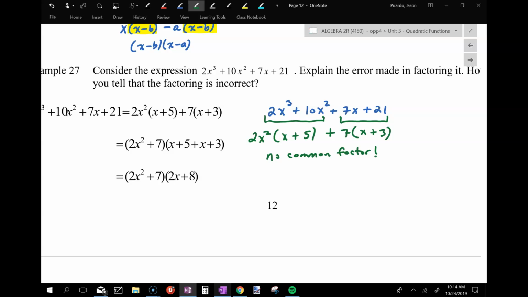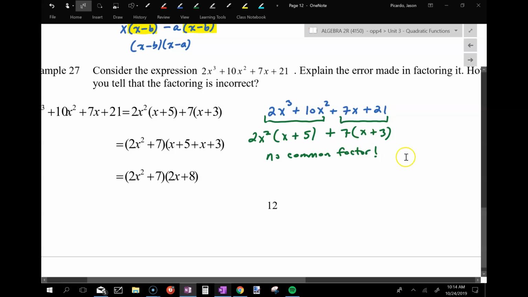Right? Wouldn't that be our sort of process here? I got 2x squared times x plus 5. I got 7 times x plus 3. And what do we notice? There is no common factor, right? So what did this person do? They took 2x squared plus 7. Was that the common factor?